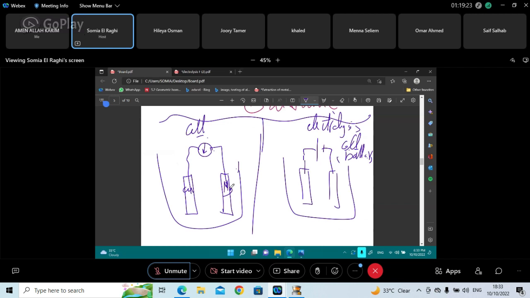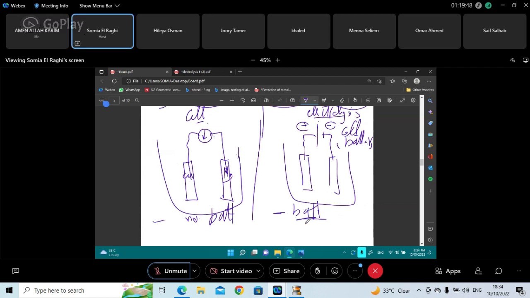I have here a cathode and anode. In the first diagram, which is the electrolysis, we have a battery, right? In this diagram, no battery, there is a voltmeter. Easy point. What's the question you missed? What is the difference between electrolysis and voltaic cell or a cell? All right? Next point.